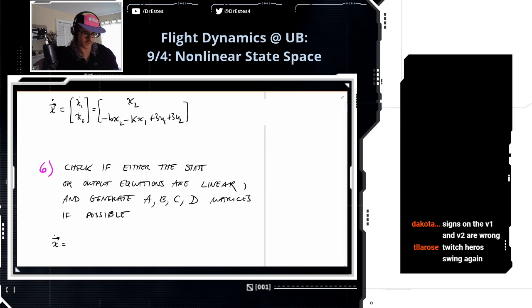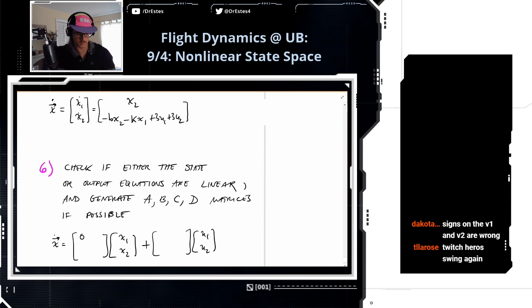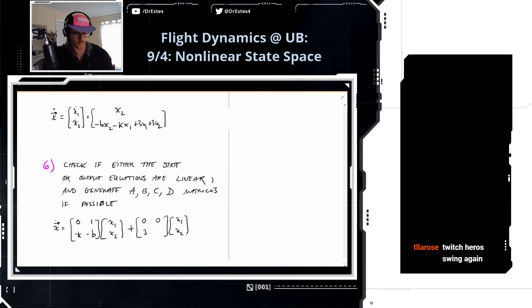I'm going to have a matrix times my state vector plus another matrix times my input vector. So this is going to be 0, 1, minus k, minus b. This is going to be 0, 0, 3. Oh wait, shouldn't one of those be a 4?